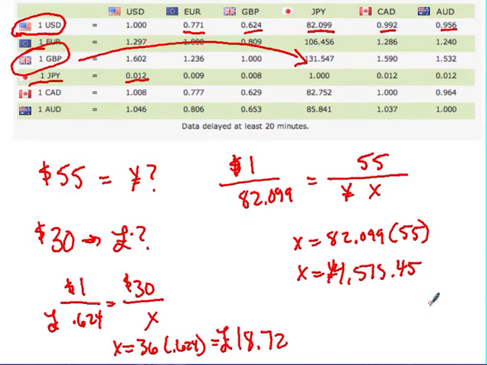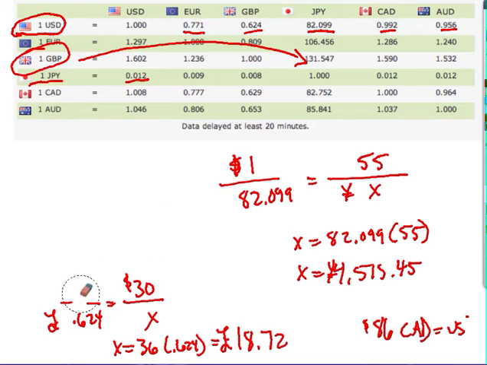Let's say you were going to another country, you're going to Canada, and something cost, I don't know, 86 Canadian dollars. How many US dollars would it take to buy this thing for 86 Canadian dollars? So let me clear some of this off real quick. Give myself a little room.